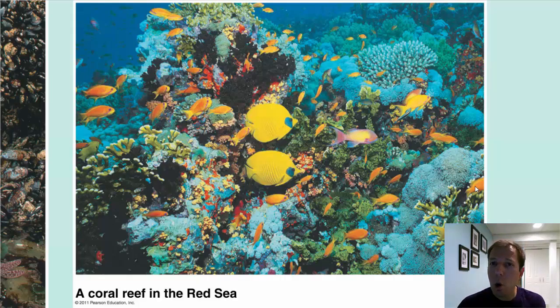The corals are small animals, which we'll look at the end of the video, and they provide a suitable home for a great abundance of fish and other forms of life. And so we see that the greatest amount of life, both in number and in diversity, is present within coral reefs, these shallow zones within the oceans.